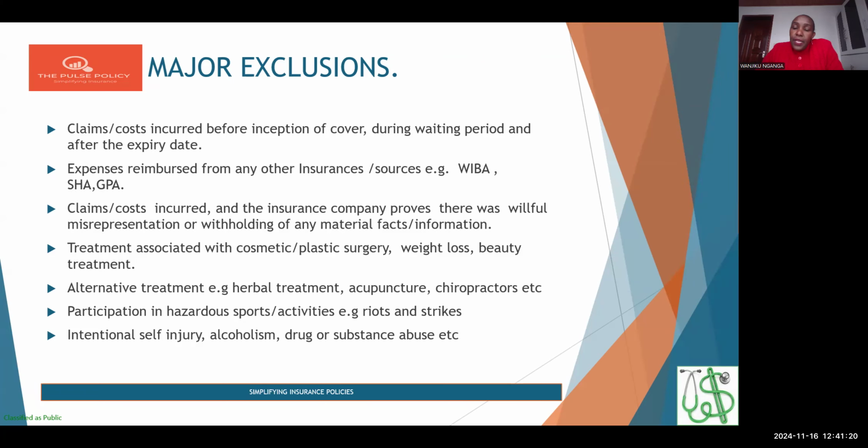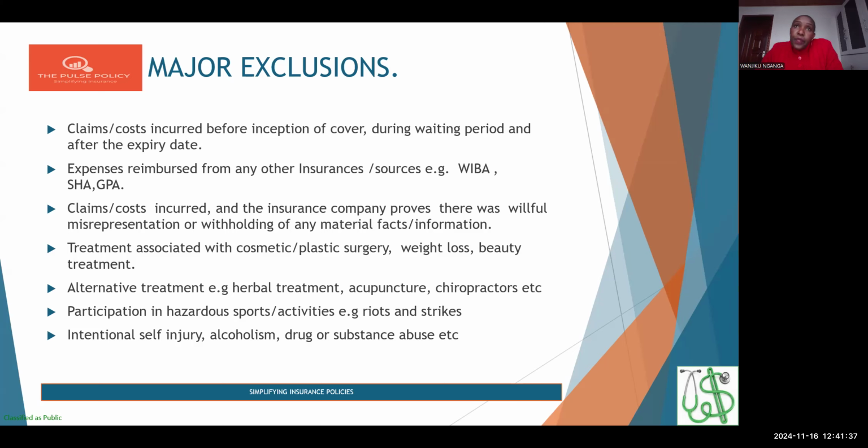So if the insurance company is able to prove that, then that cost is not going to be covered. For example, you know clearly you have a pre-existing condition or you have chronic conditions, and when you are filling in the proposal form, you choose not to declare that condition and you withhold those facts.